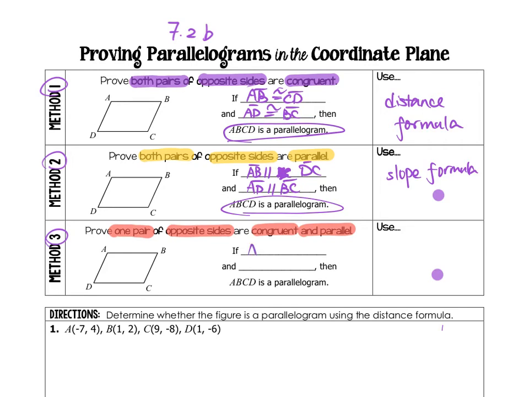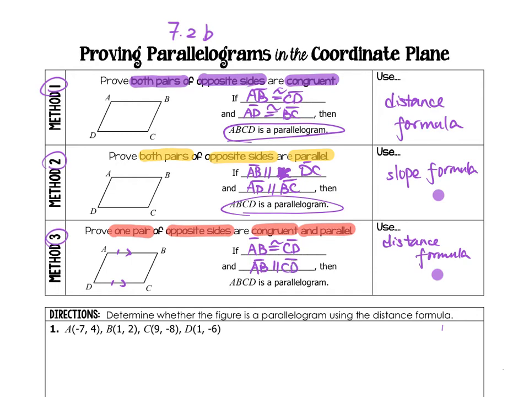I only have one pair. I need to prove that they're congruent, and we know that if they're congruent, we can use the distance formula to prove congruency. And then we have to prove that they're parallel to each other.